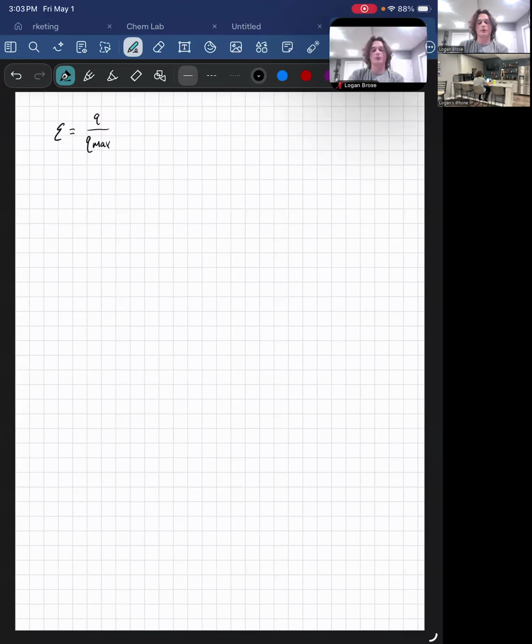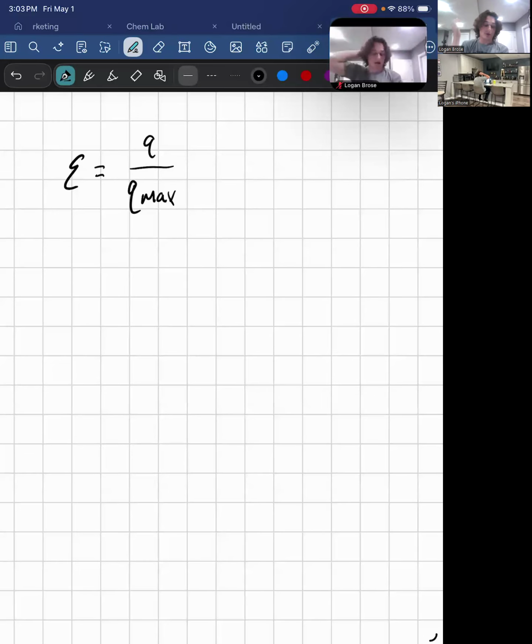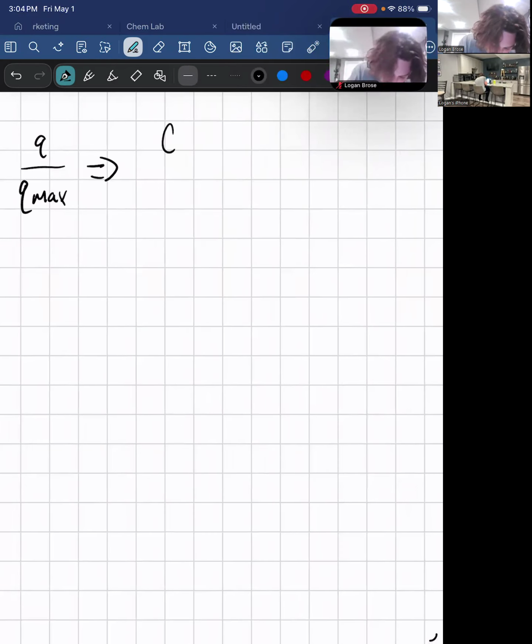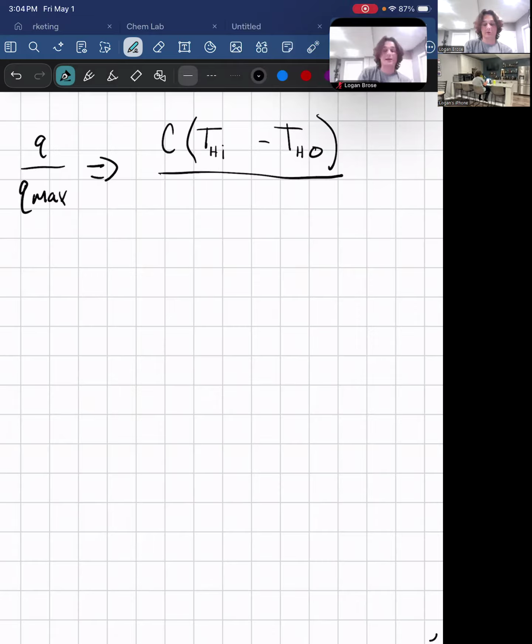And so when we think about the flow rates, we can rewrite this equation. The flow rate that you have multiplied by your T hot in minus your T hot out is your total Q. And then your maximum Q is going to be when your flow rate is the lowest, so you will have a C min value.